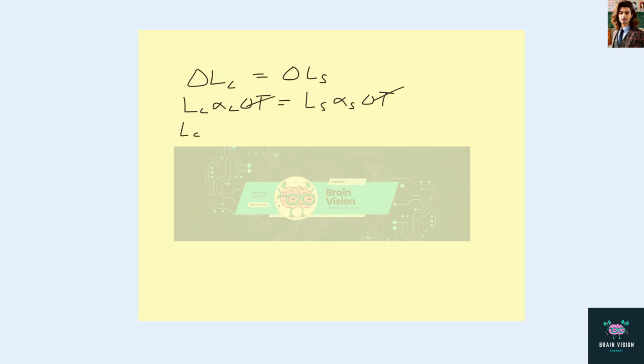We'll have LC, now alpha C, the linear expansion coefficient of copper, is going to be equal to 17 times 10 to the negative 6 inverse degrees Celsius. The other side we have LS, and then alpha S is going to be 11 times 10 to the negative 6 inverse degrees Celsius. We can cancel out these 10 to the negative 6 to see them a little clearer. So we have 17 LC is equal to 11 LS.